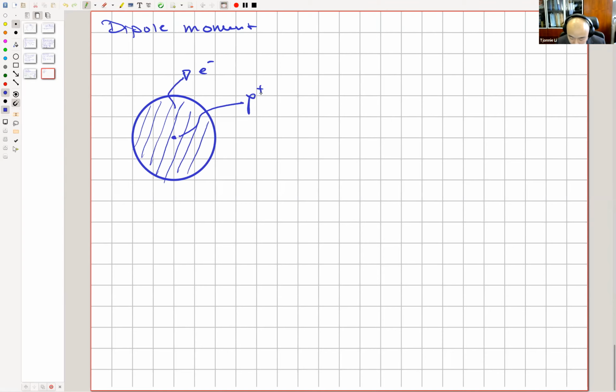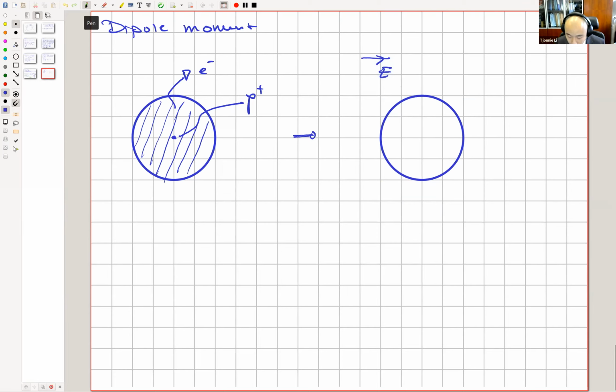And so now what I'm going to do is put all of this in some electric field. Okay. So now I've got some external electric field.